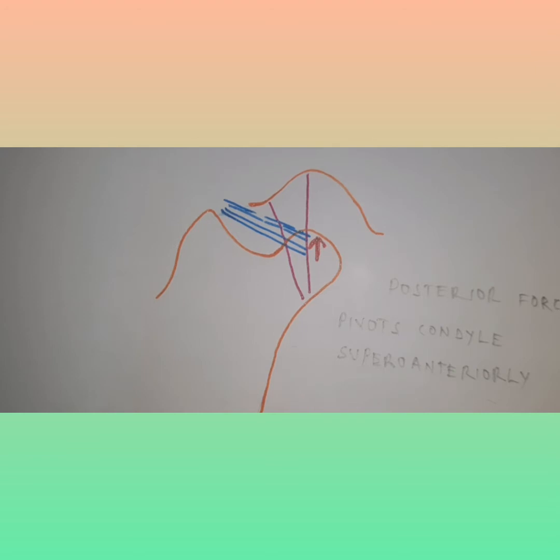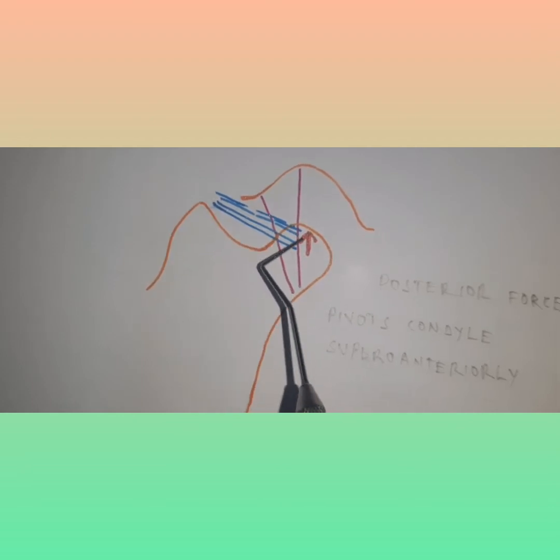So a posterior force will tend to pivot the condyle superior anteriorly, because of the restriction exerted by the ligament. So this is another reason why the condyles are positioned superior anteriorly and not in the posterior most region. That is how you have the superior anterior position of the condyles in the latest definition.